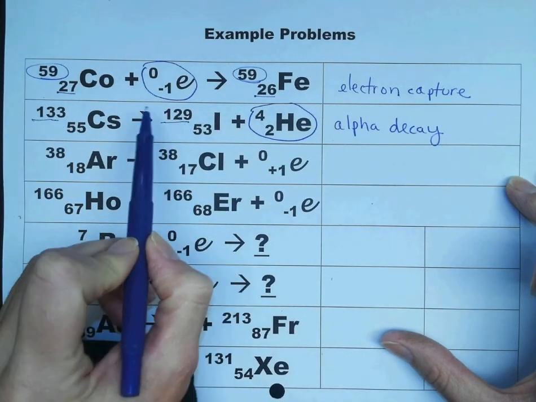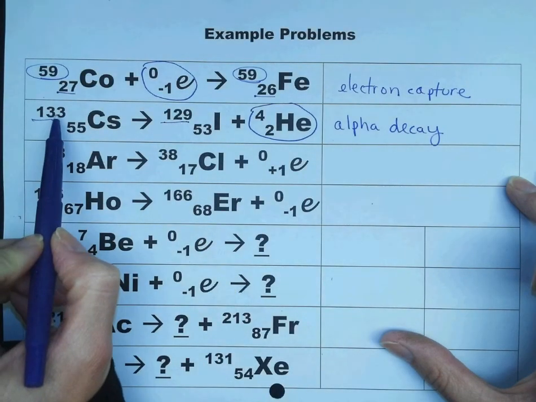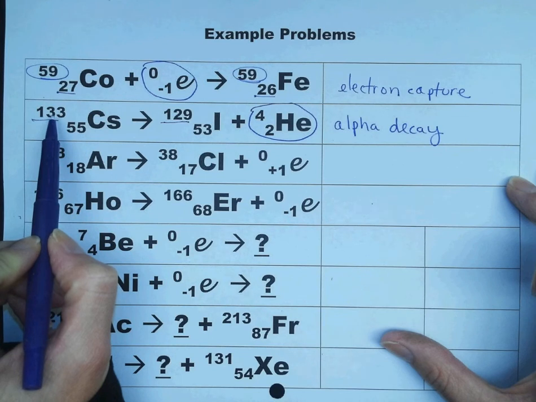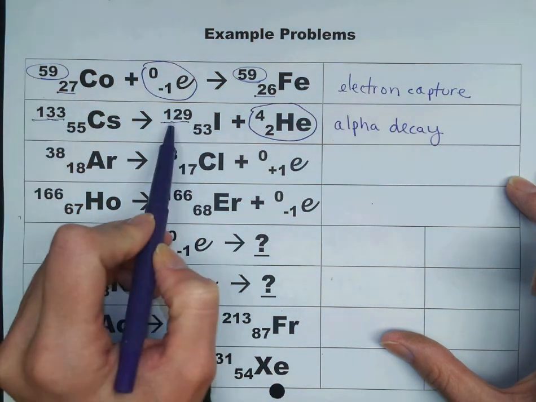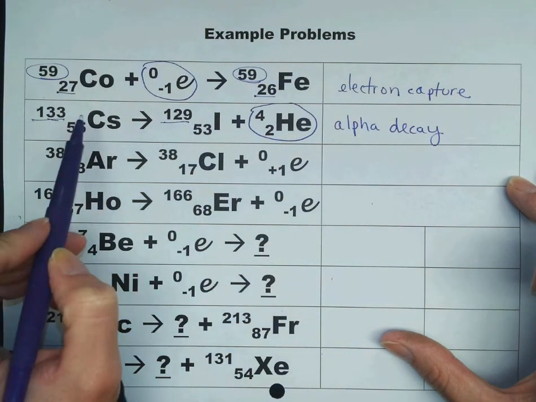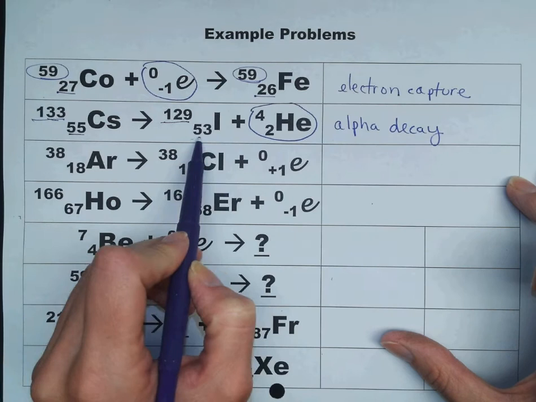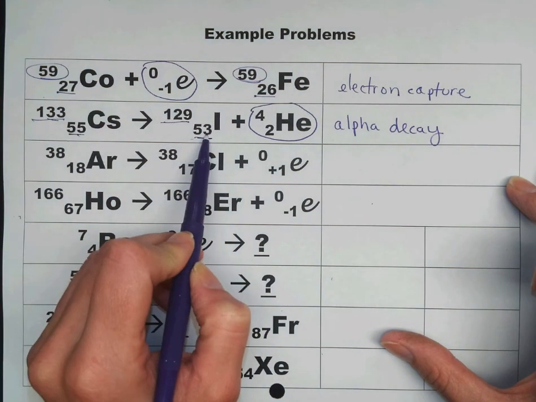Because in alpha decay, 2 protons and 2 neutrons leave the nucleus. So if you look, we went from 133 to 129. So we decreased the mass number by 4. Then our atomic number also decreased by 2. So it went from 55 to 53 because we lost the 2 protons.